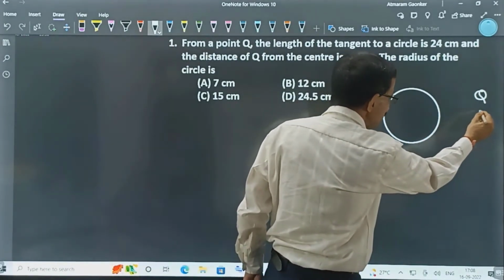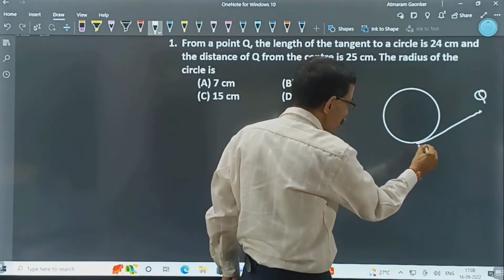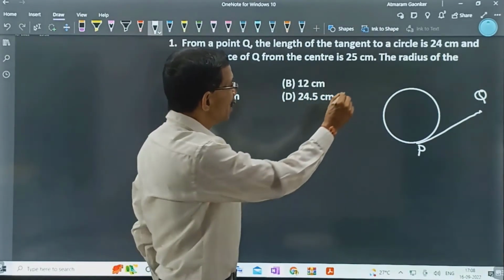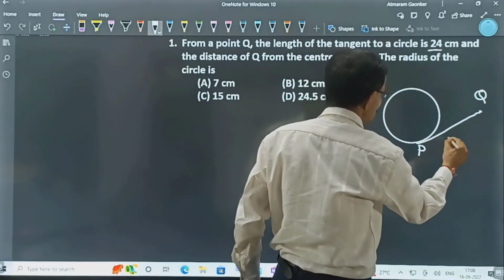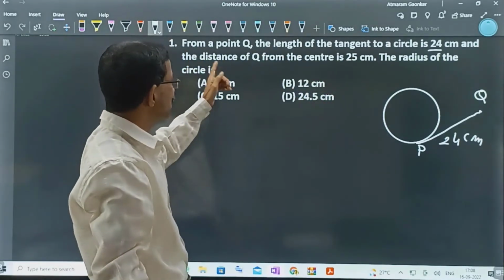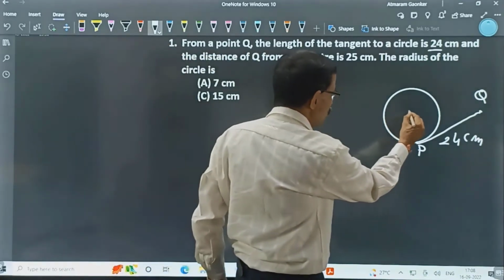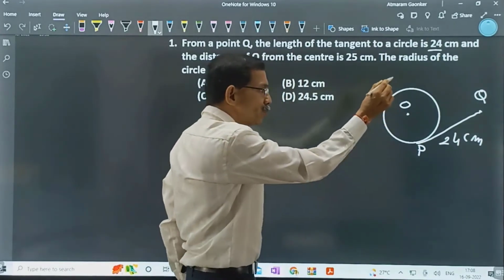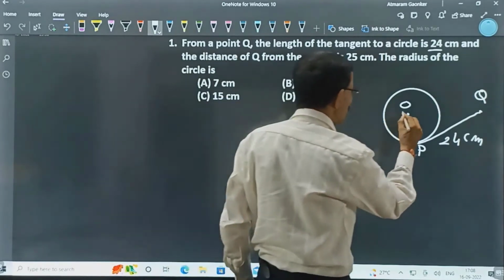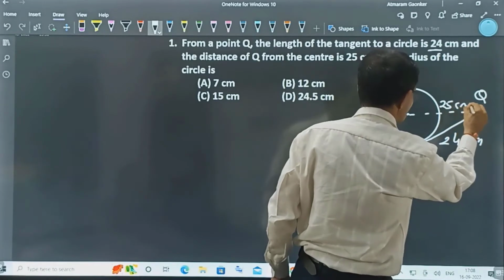So let us draw a tangent from point Q, and this is the tangent to this circle, making a point of contact P. So the given thing is PQ is 24 centimeters. And the distance of Q from the center is 25 centimeters. So let us assume O as the center, and from Q to the center, the distance given is 25 centimeters. So let me draw this equal to 25 centimeters.